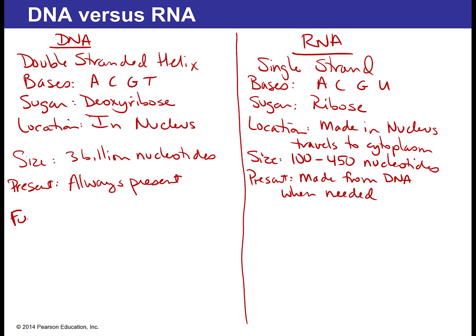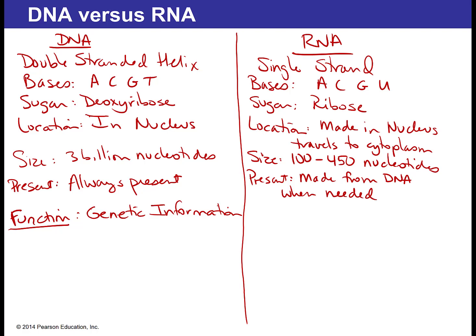And this leads to the function. DNA contains all of the instructions to make everything that the cell needs to have. It is the genetic information. DNA controls things like cell division.